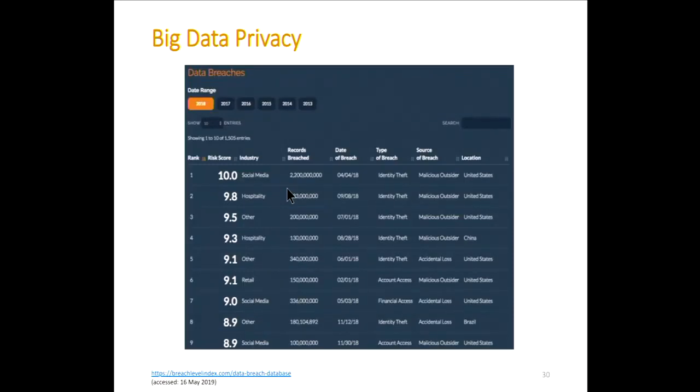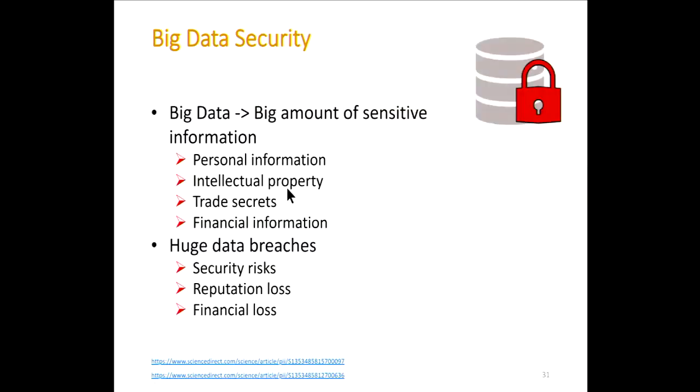So there are some issues with data privacy, and specifically with big data and the public data all around there. When they are glued together, they can pose some serious issues. So that brings us to big data security. With big data, when you're collecting lots of information, that causes a big amount of sensitive information as well.